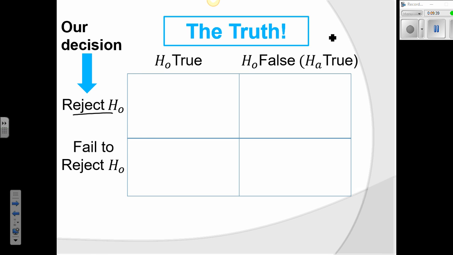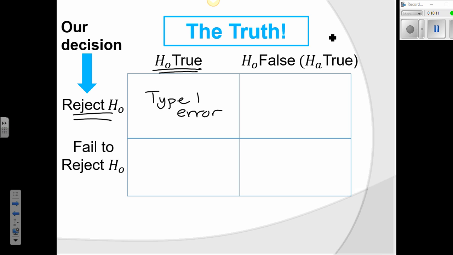Should we reject H0 if H0 is true? No. What does that mean if we reject H0 but H0 is true? Type 1 error. That'd be type 1 error. Does that make sense? What happens if we reject H0, but H0 is false?